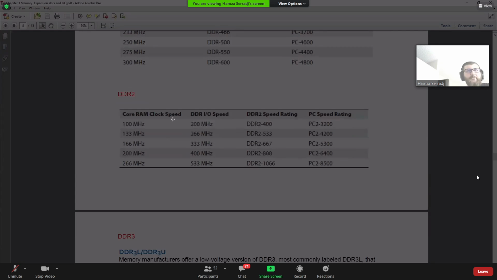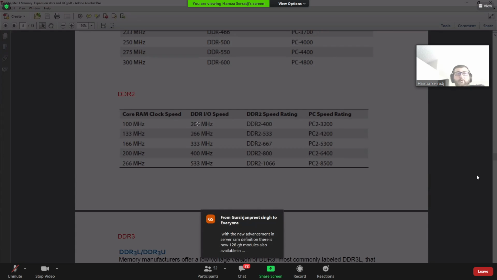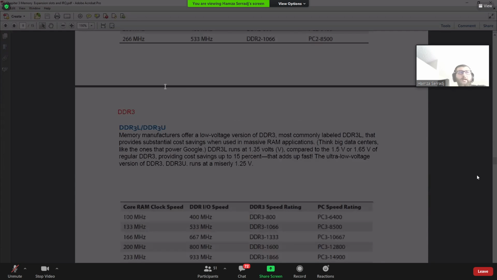And the DDR2, so we have here the 100 that we started with, double the data rate here, and double the bandwidth. So we end up with 200, and after we end up with 400, and so on and so on, right? So this is how the concept behind it is working.